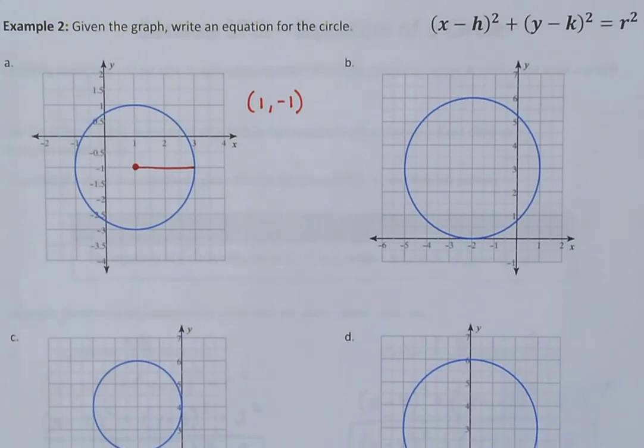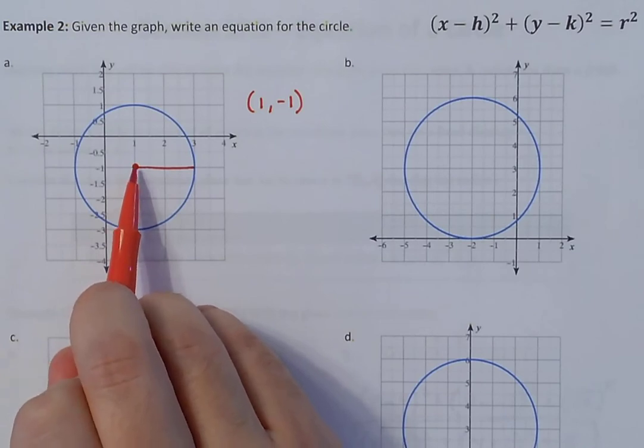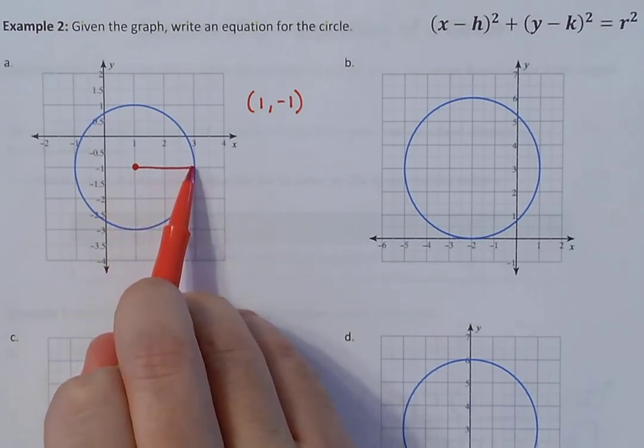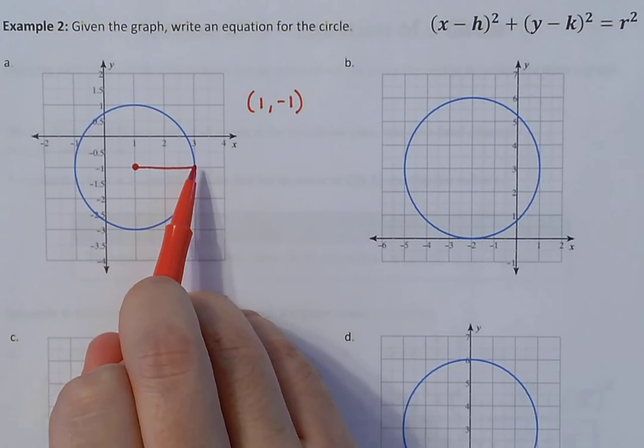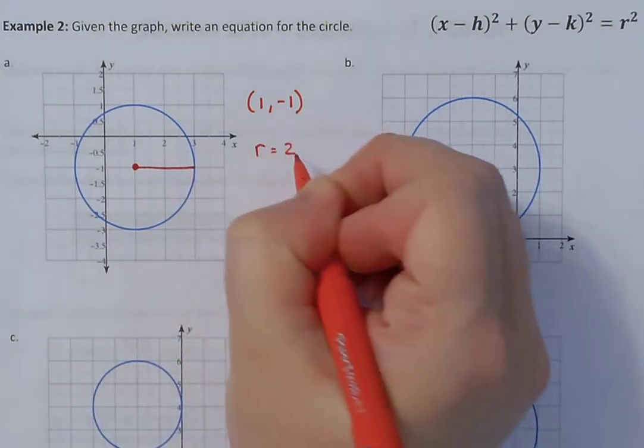So I like to draw a line from the center to the edge on the grid lines because it's easier to count what the radius is instead of using the distance formula. If it's at (1, -1), if we go over 1, 2, we end up at the edge of the circle, telling us that our radius is 2.